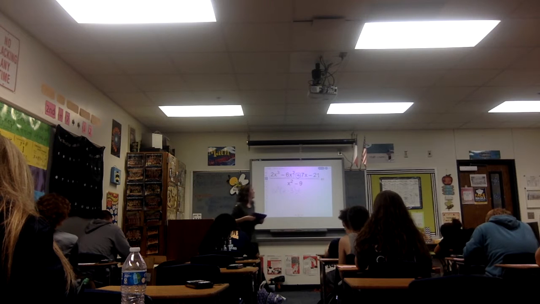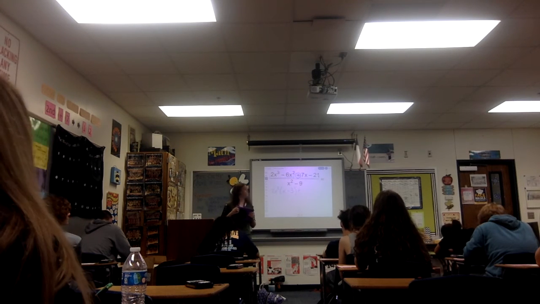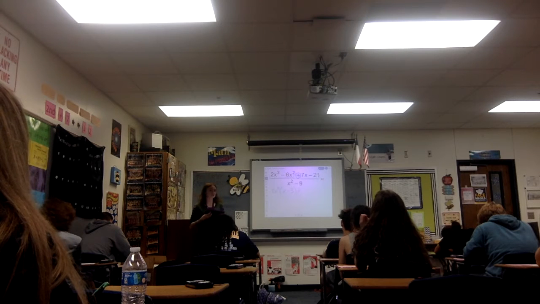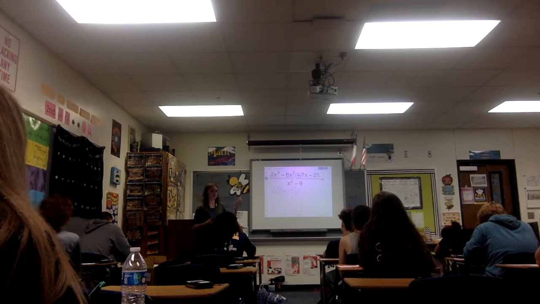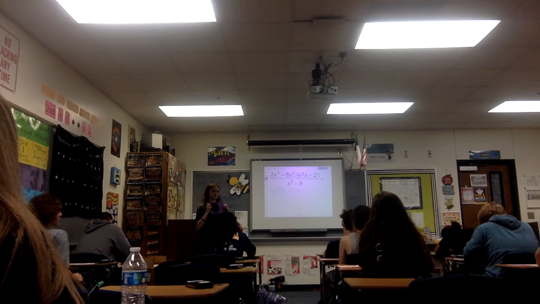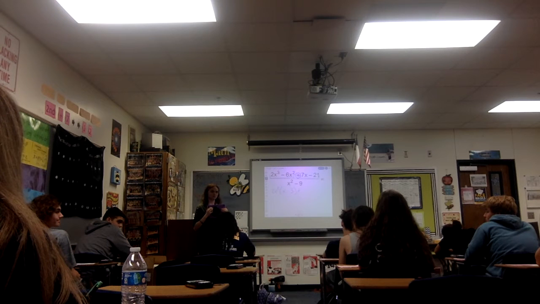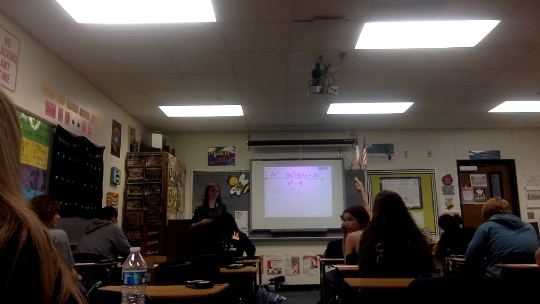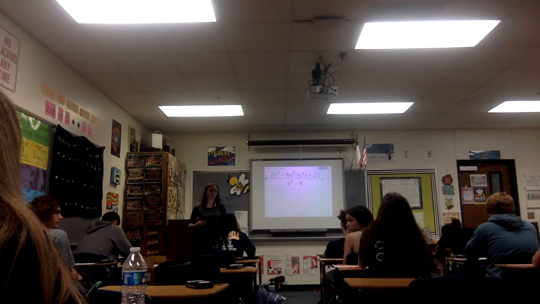Okay. Bryce, what's our GCF of 7x minus 21? 3? Does 7x and 21 have a 3 in common? No, what do they have in common? What do 7 and 21 have in common? Is there anything you can multiply by 7 to get 21?